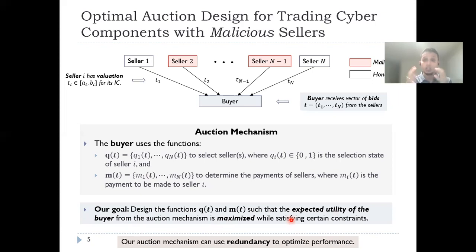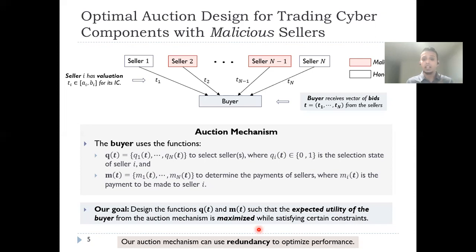In this paper, we also encounter the concept of redundancy to optimize our performance. We have assumed that the buyer does not acquire just one IC from one seller. It acquires multiple ICs from multiple sellers, such that if one of them has a Trojan inserted, the buyer can use another IC to work with it.